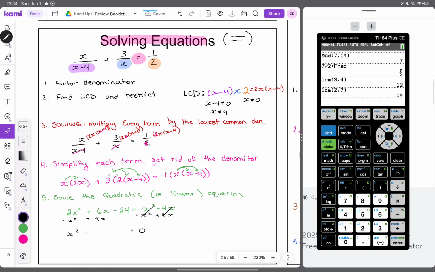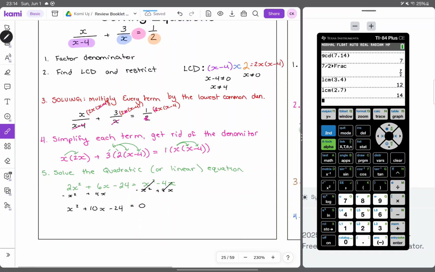So we're going to have x squared plus 10x minus 24. So we can factor this. We can solve it graphically. We can solve it with the quadratic formula. Again, for all of those specifics, go rewatch the prior skills brain dump.